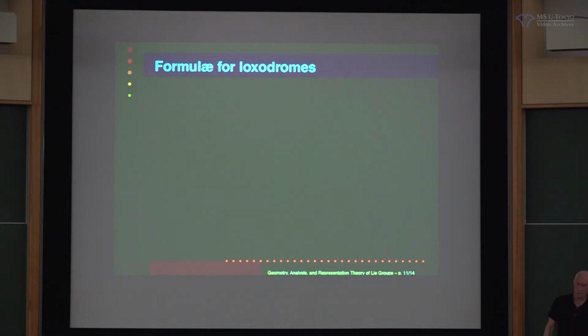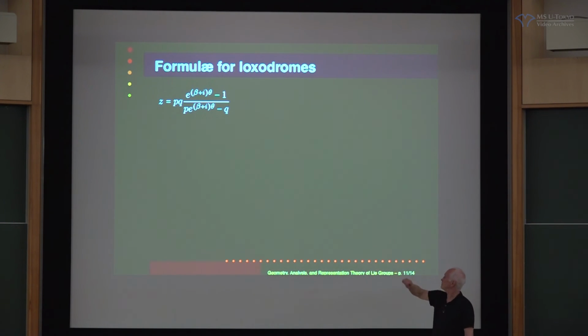All right, so once you've realized you should write this out in complex numbers, the formula is straightforward. Beta here is the bearing. This is an arbitrary curve running from point P to point Q as theta runs from -infinity to infinity, and it goes through the origin.